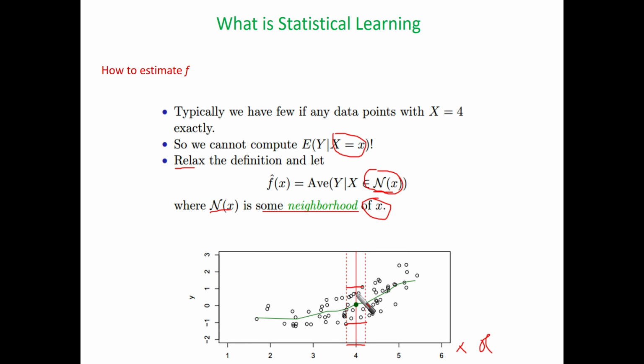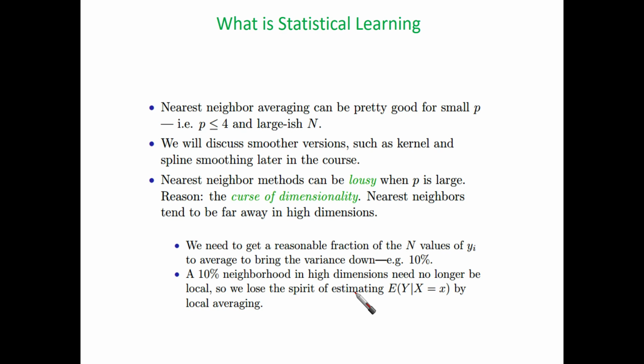Now this seems very interesting, and it really works very well and is very powerful. But the problem is that it generally works only if we have a small number of predictors, that is, fewer features or dimensions, and also a large number of data points, a large n. If the dimension becomes more than 4 or so, it doesn't work well.